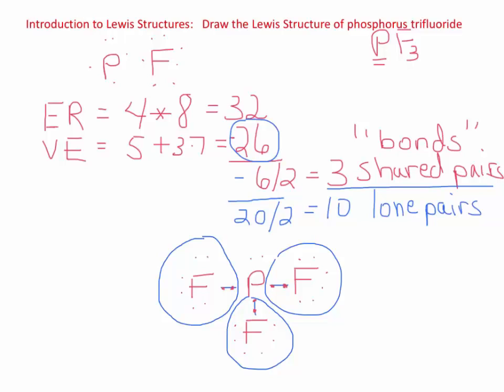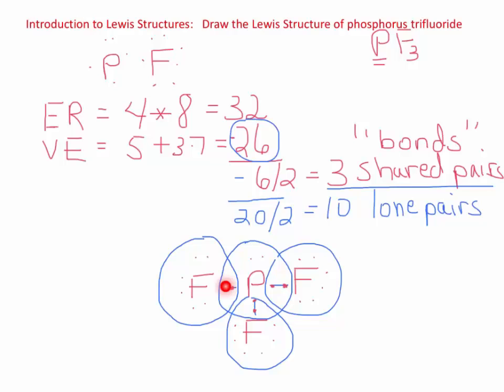What about this phosphorus? Well, remember that the shared pairs we can consider belonging equally to both atoms. So, if I draw that last circle, how many electrons do you see around the phosphorus? 1, 2, 3, 4, 5, 6, 7, 8. Everybody's got 8 electrons. How many valence electrons did we use?